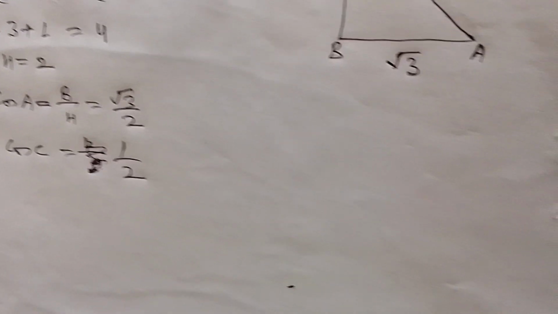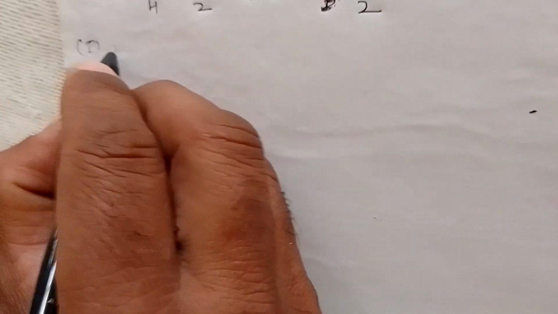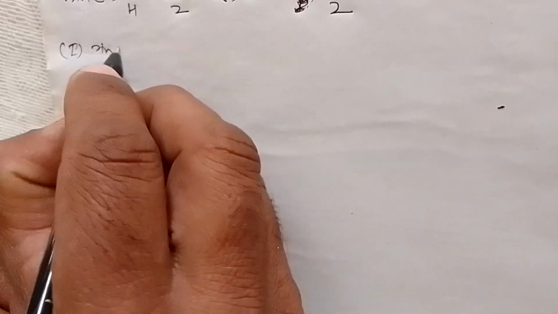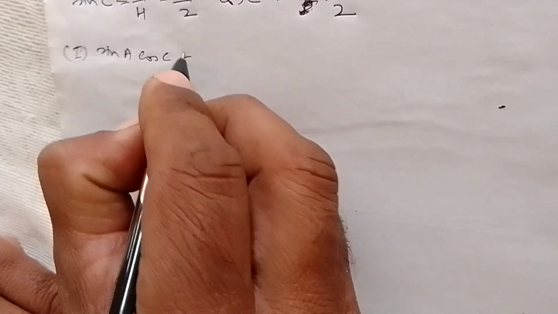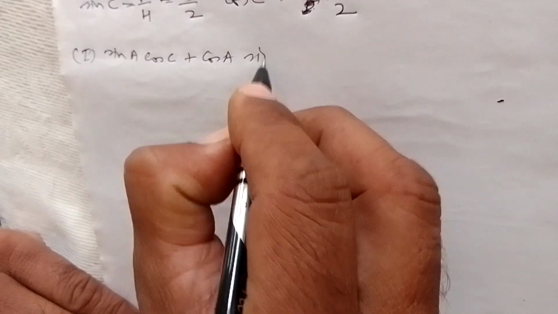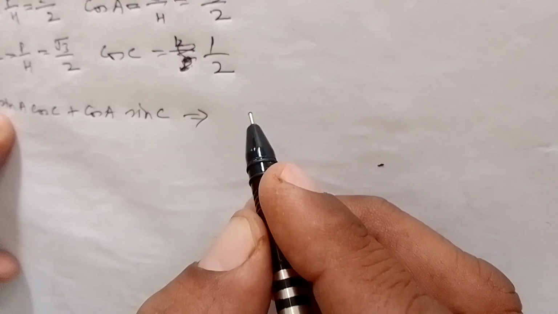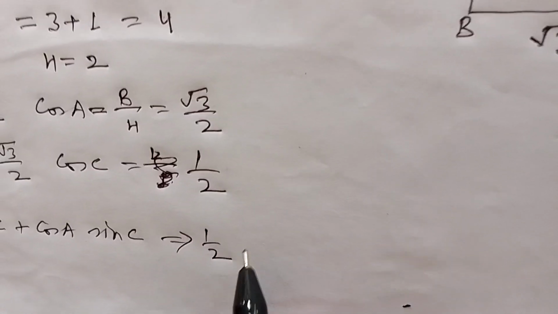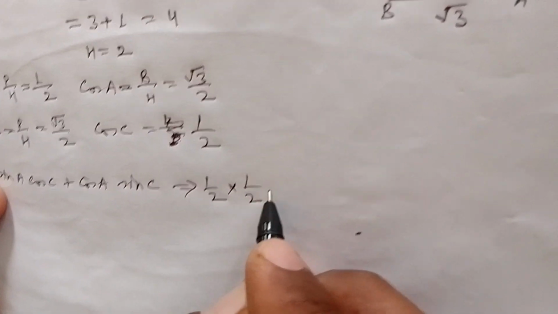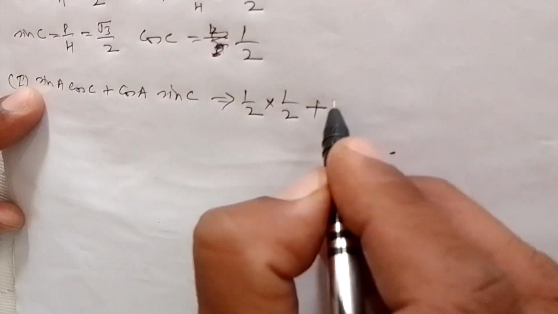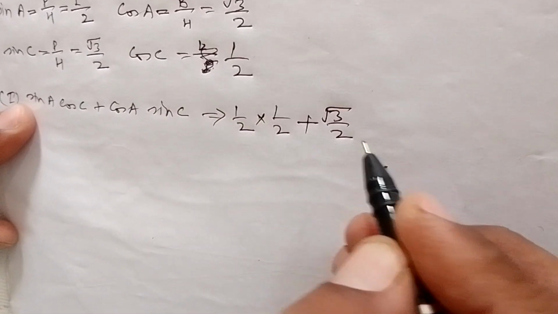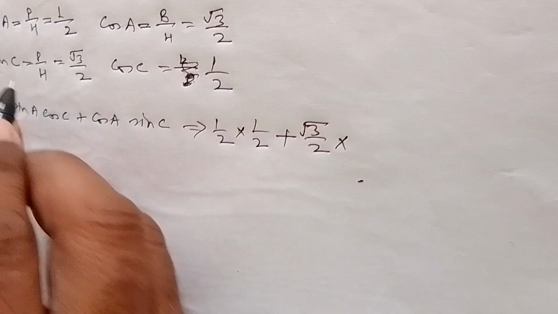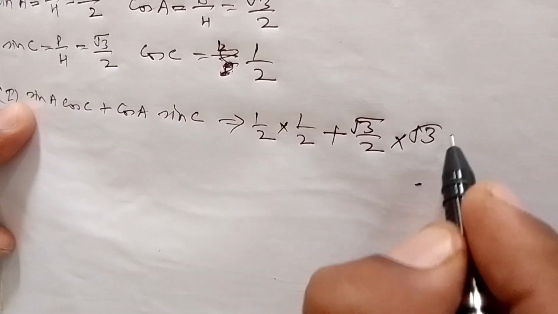So from this, now we will insert the values in equation 1. So equation 1 becomes sin A cos C plus cos A sin C. Sin A value 1 by 2, cos C value 1 by 2, plus cos A value under root 3 by 2 multiplied by sin C value under root 3 by 2.